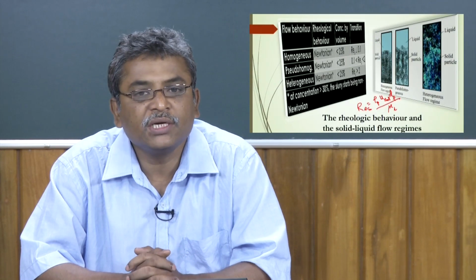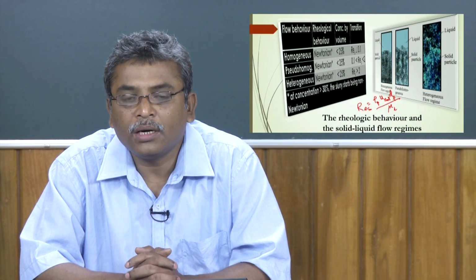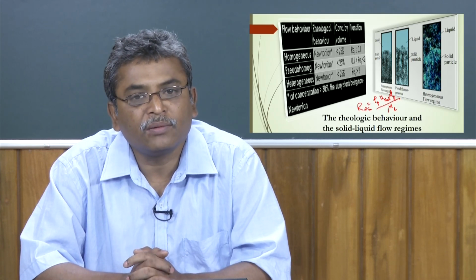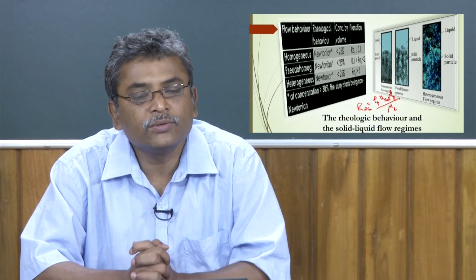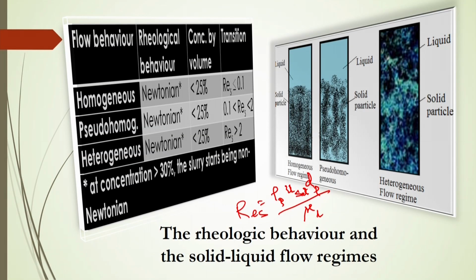Whereas if this shear stress is not directly related to the shear rate, then it may be a non-Newtonian fluid. We have also learned in different fluid mechanics books how Newtonian and non-Newtonian fluids are classified and differentiated. So, you can classify based on this shear stress and shear rate relationship.